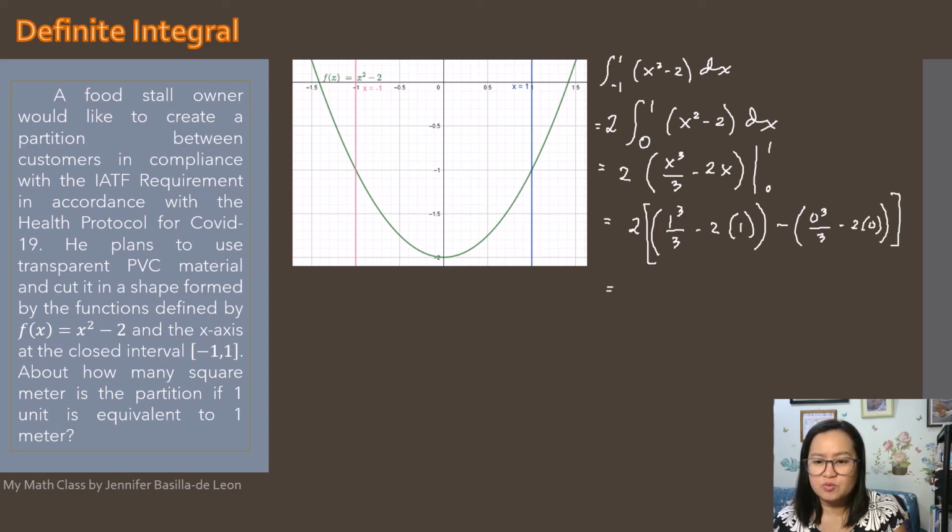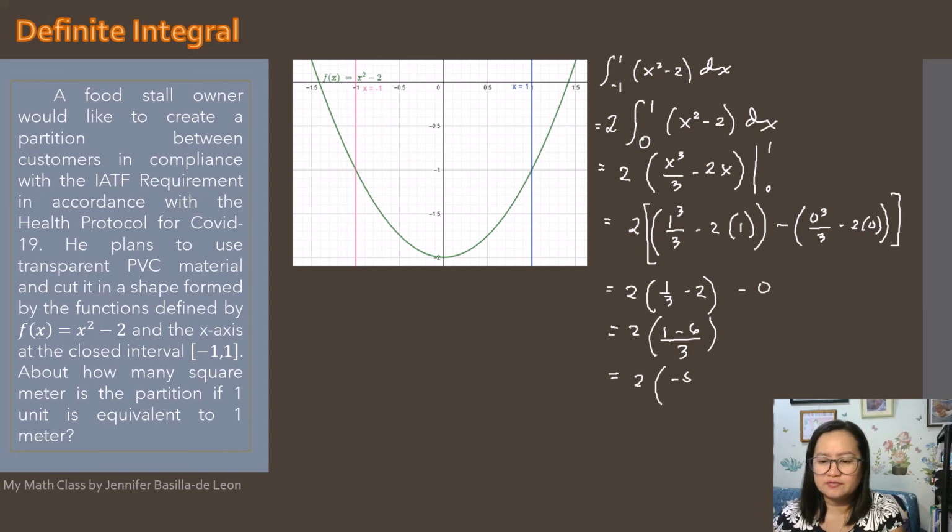So simplifying, we will have 2 times 1/3 minus 2, and then everything will be 0 here. So we will have 2 times 1/3 minus 2, which is equal to 1 minus 6 all over 3. So we will have 2 times -5 over 3.